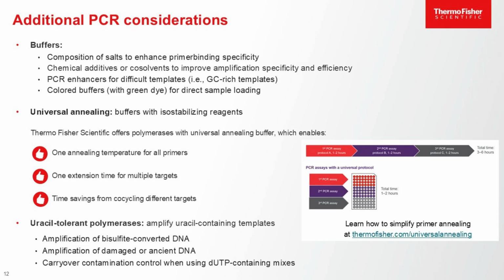This variability necessitates time-consuming optimization of annealing temperatures. To address this, we have developed novel polymerases with reaction buffers containing an isostabilizing component, allowing for a universal annealing temperature of 60 degrees Celsius.